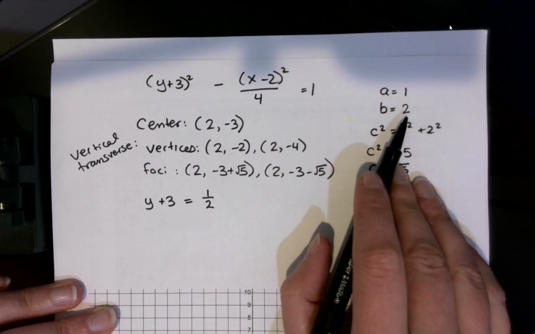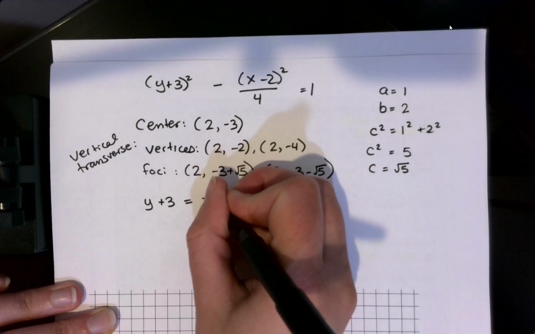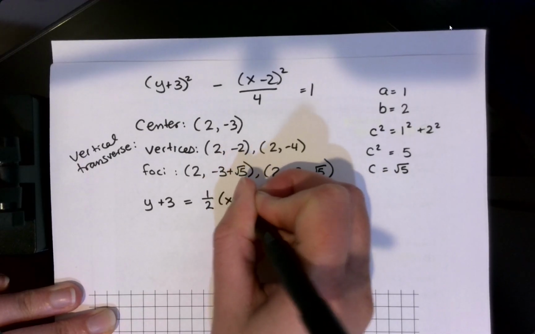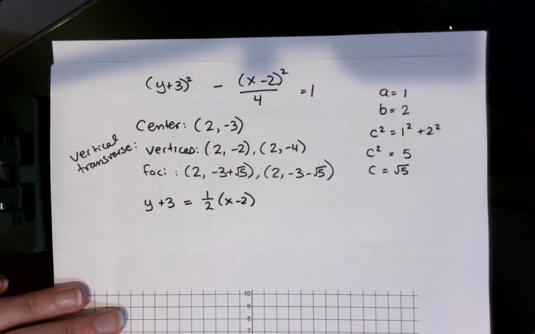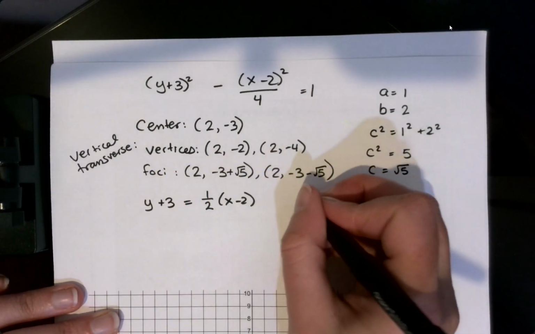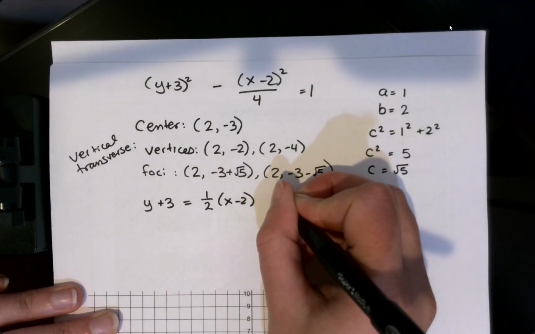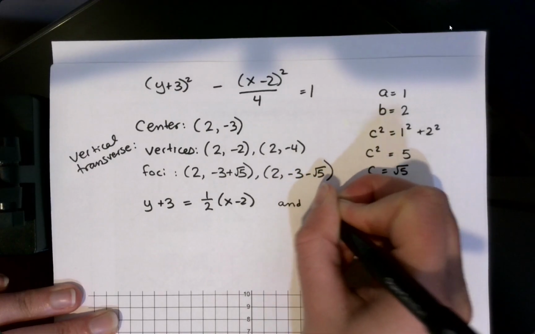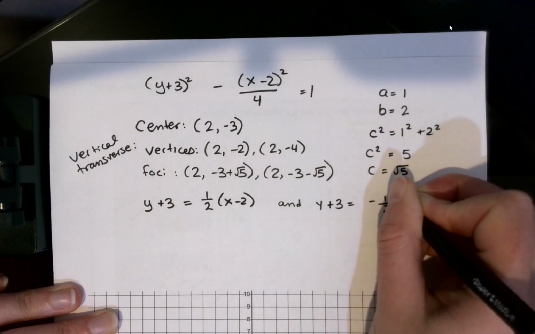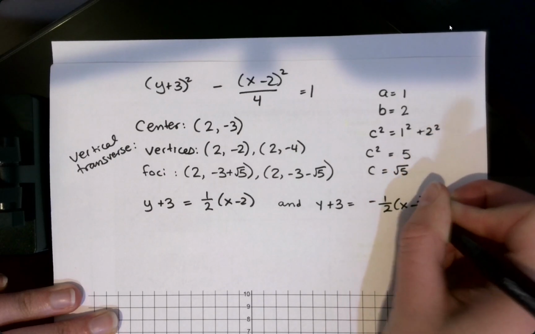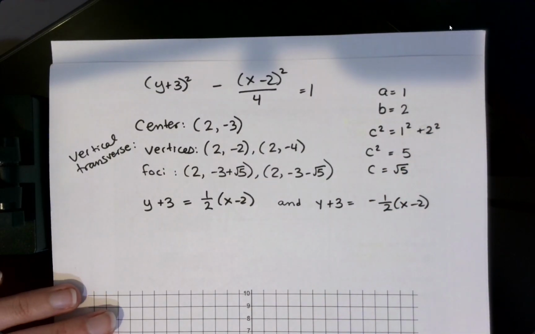Rise 1, run 2, and then x minus 2 for that left-right shift here. If I distribute that, I'm going to have to do the negative of it as well. So I'm going to go ahead and write that one before I forget to mention it. Then I also have the negative 1/2 times the x minus 2 over here as well.